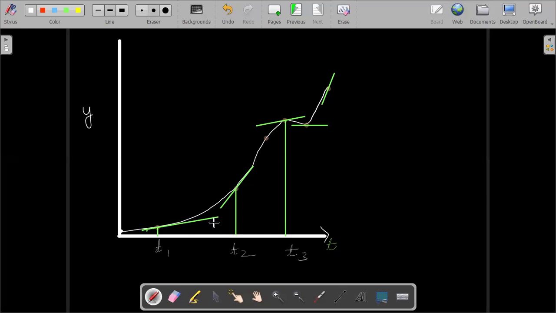If I want the average velocity, it will be given as total displacement by total time. But for the instantaneous velocity, I want the velocity at this point of time and at that point of time. At each instant of time, the velocity is different, and the instantaneous velocity is given as the slope of the graph. So the slope of the position time graph, the x-t graph, gives us the velocity.